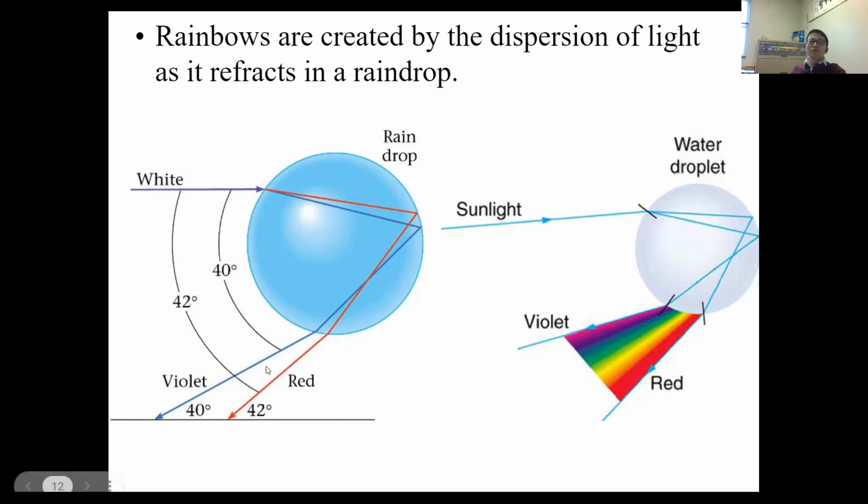The white light, a mixture of different colors, will be separated. The violet light comes out at about 40 degrees with the horizontal, the red at 42 degrees. So when you look up, the rainbow is at an angle between 40 and 42 degrees.